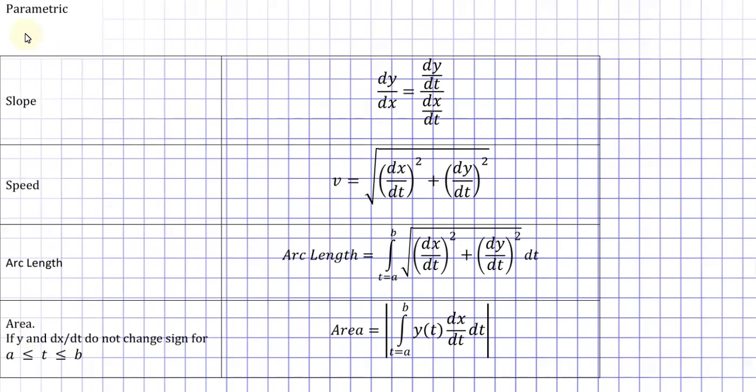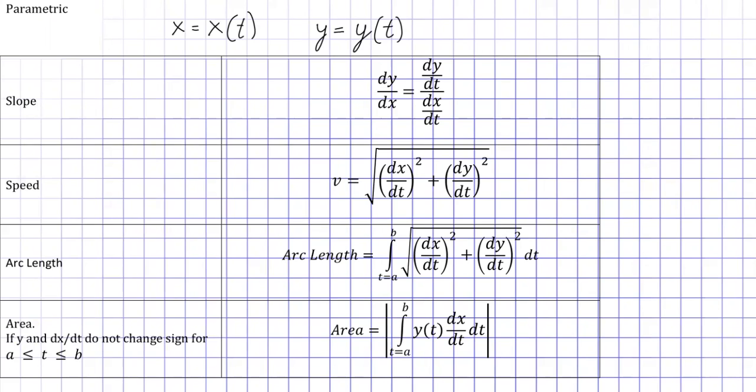Now we are in the parametric settings where x and y are given as functions of some parameter t. And usually we think of t as time. So y is not a function of x.